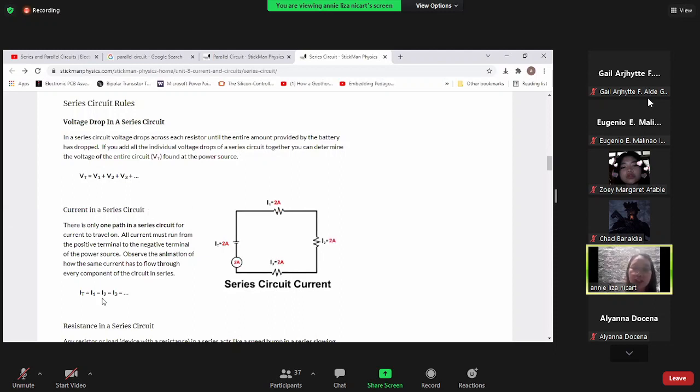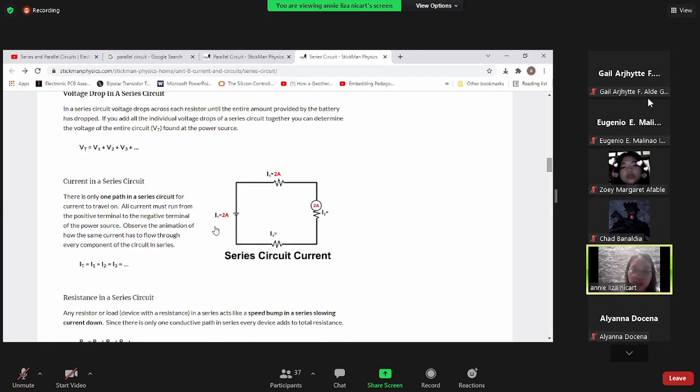Okay, as for the current in series, as you can see here, the total current is 2 amperes. So what's the current through the first load, or I1?